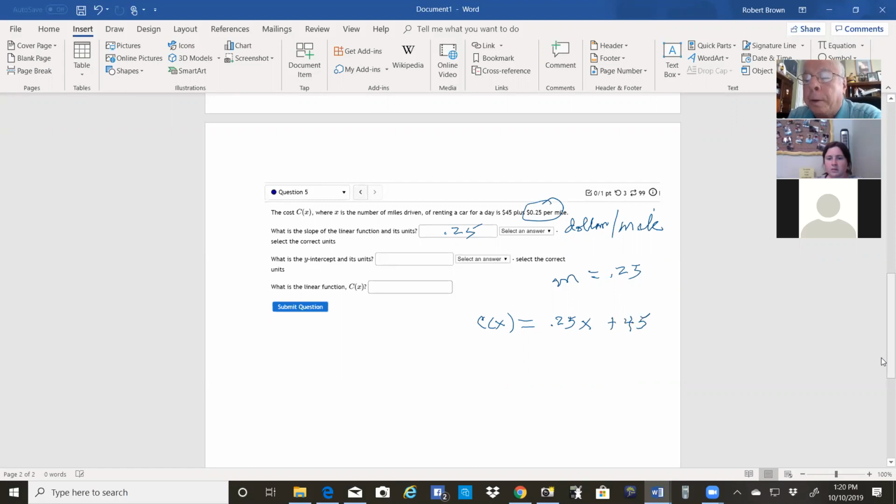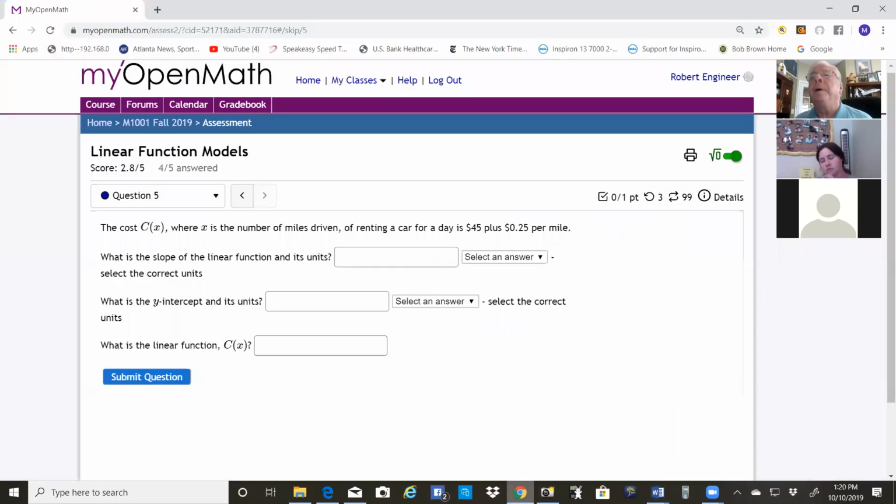So the y-intercept is going to be 45, and we'll pick dollars. I think it's what we'll pick. And what is the linear function? 0.25x plus 45. If you have any questions or see a mistake, let me know.